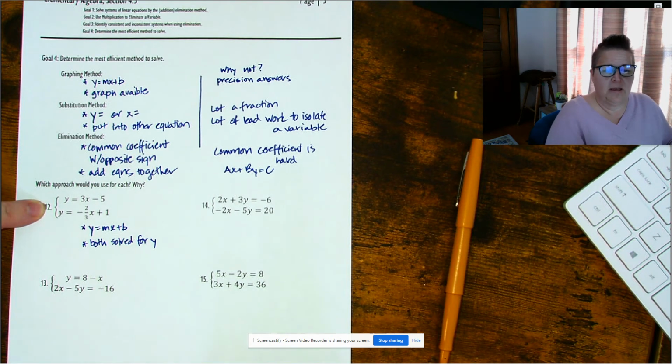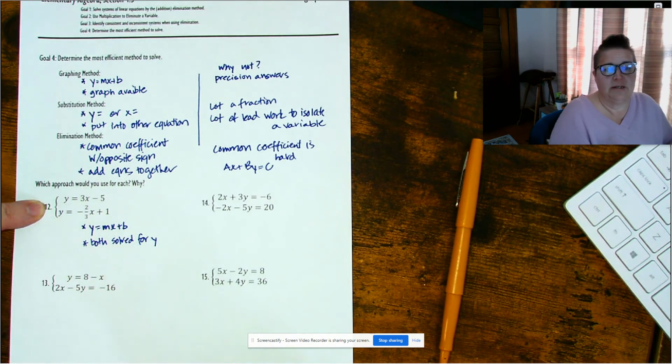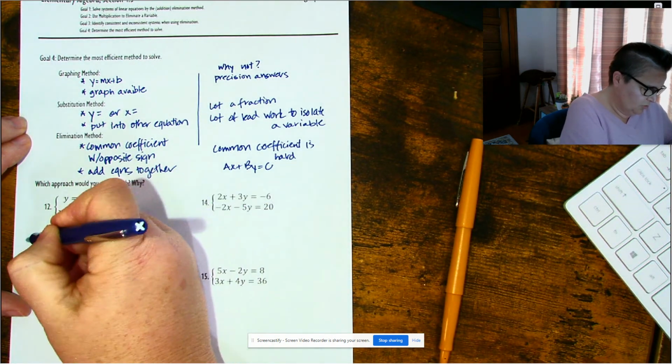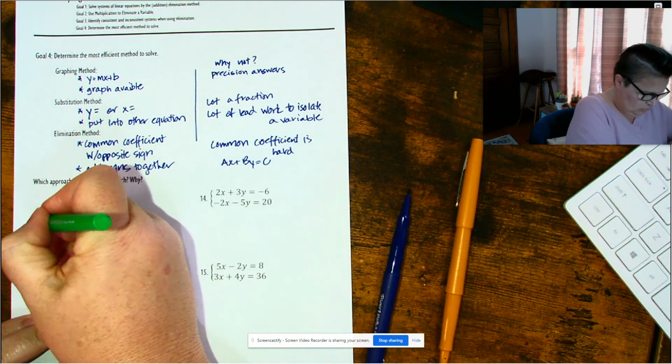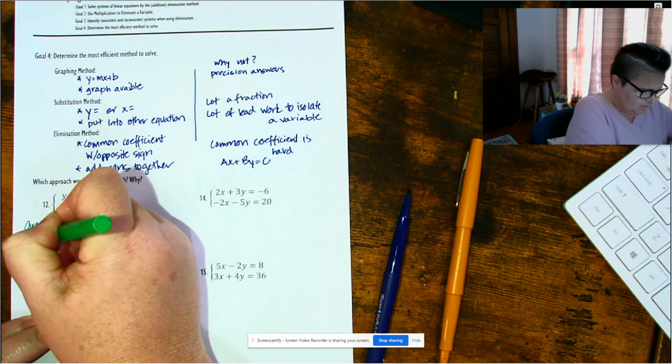The second thing that comes to mind is the substitution method, because it's already solved for y. So because both equations are already solved for y, I could do the substitution. I could take that y out and put in 3x minus 5. And then I have one variable and I could go ahead. So I would say, for me, my top 2 choices here would be graphing or substitution.